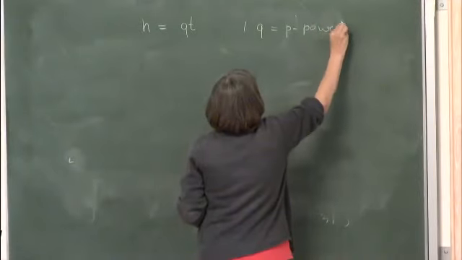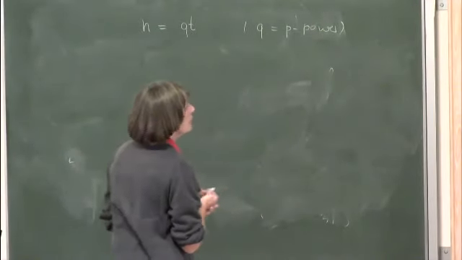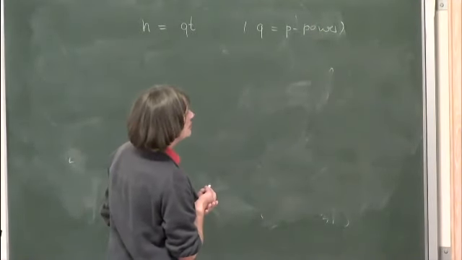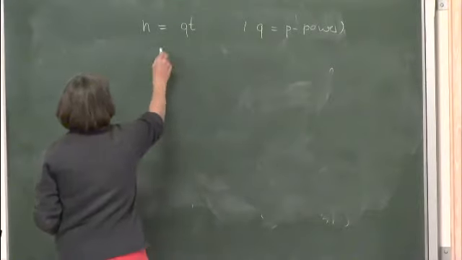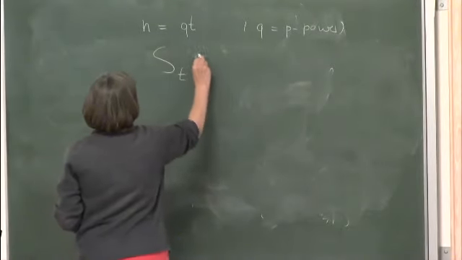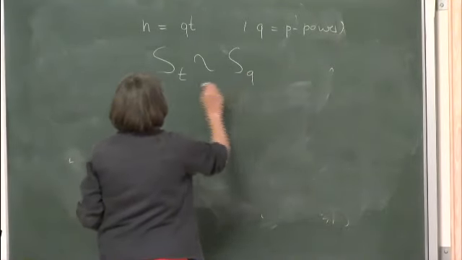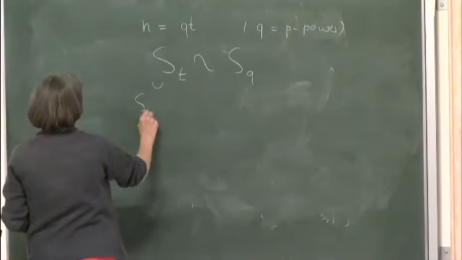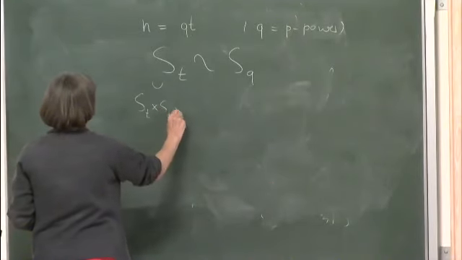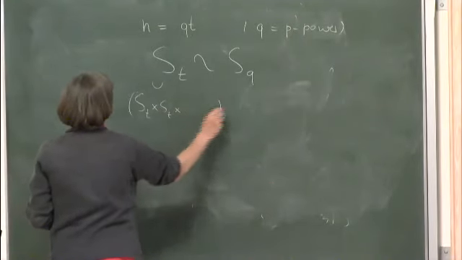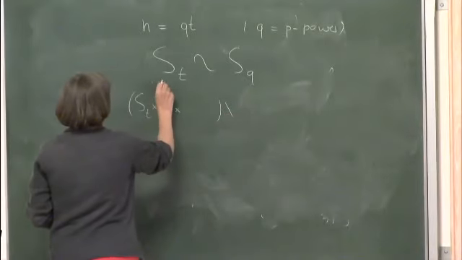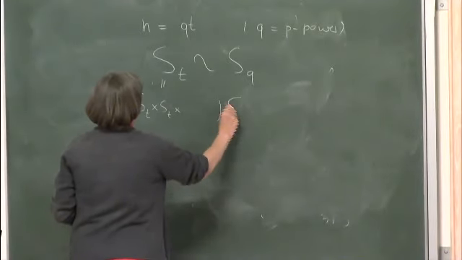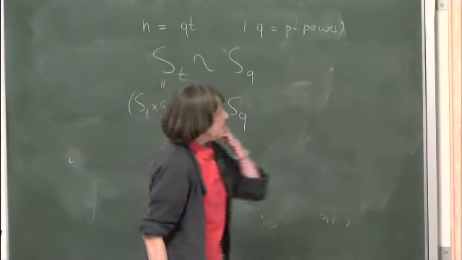And so you look at a group which is a wreath product, S_t wreath S_q. So this has a base group, of course, again, S_t cross S_t and so on, and then it's normal, then you have S_q acting on it. Right, so that's the group.